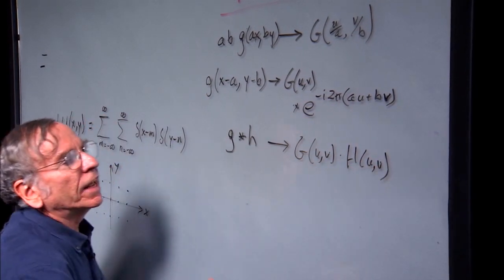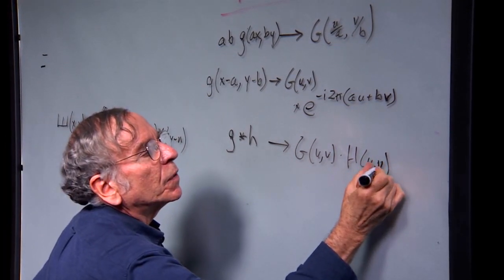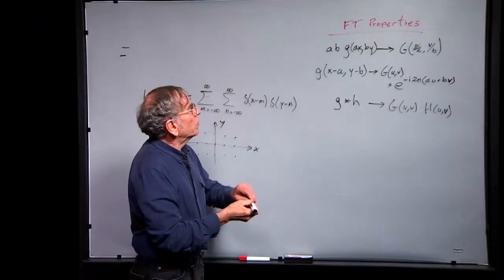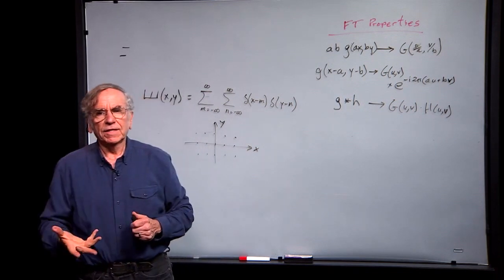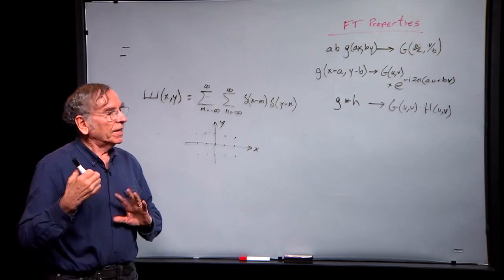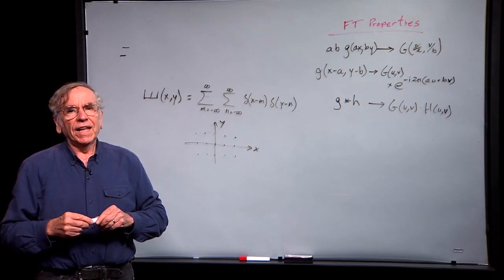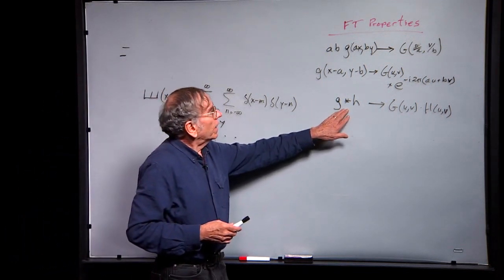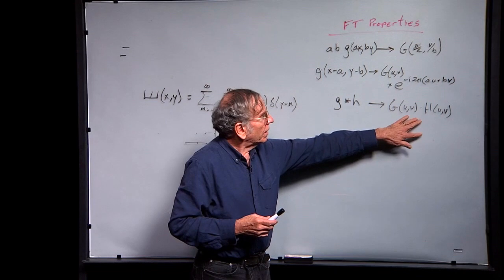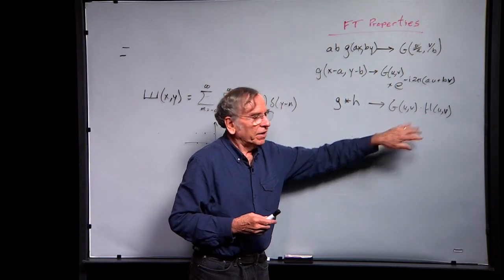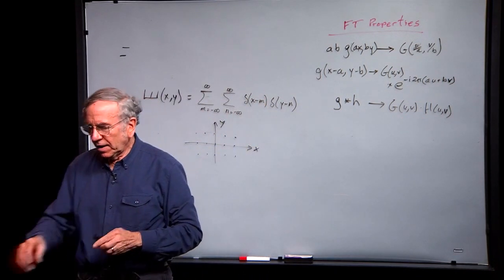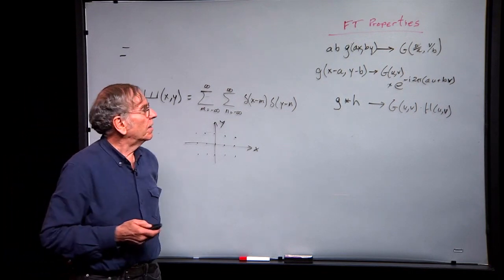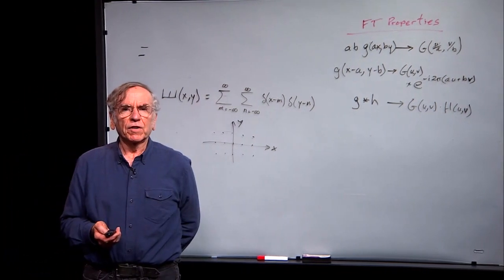So once again, we have this wonderful property that the convolution integral, which in this case is a double integral and is pretty tedious and computationally intensive to compute, well, its dual in the Fourier transform space is very simple. It's a point-by-point multiplication of the corresponding transforms.